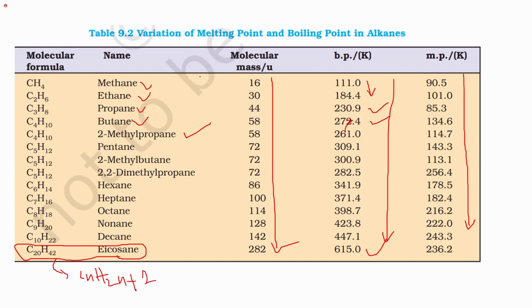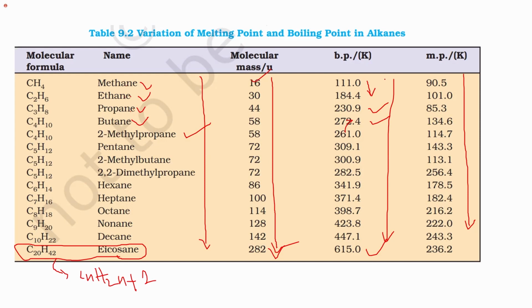Now you can see the moment we go from methane to eicosane, the molecular mass increases, from 16 to 282. As the molecular mass increases, the boiling point also increases, and the melting point also increases. What temperature can we call the boiling point?